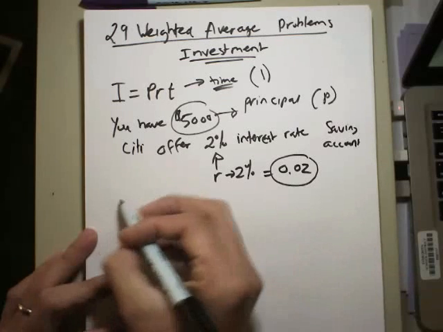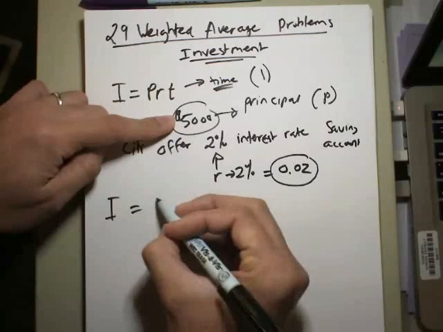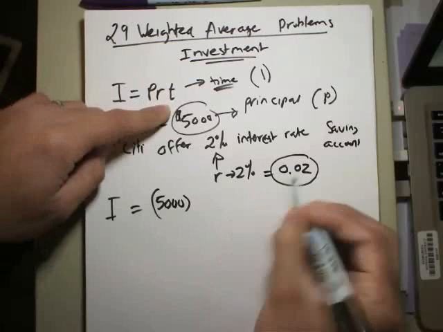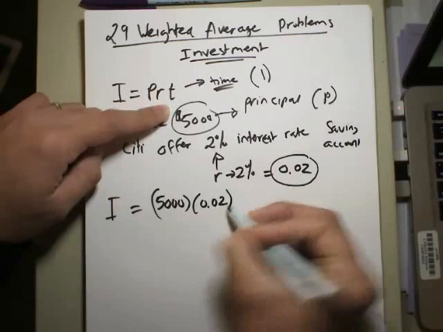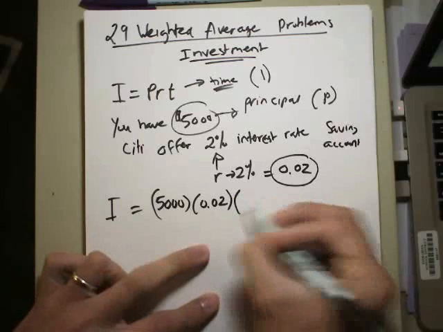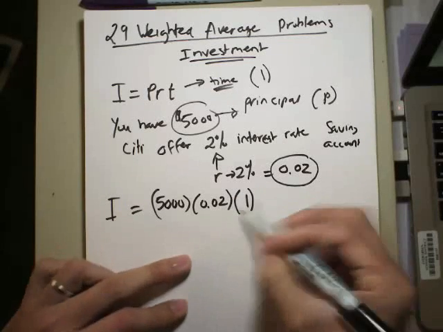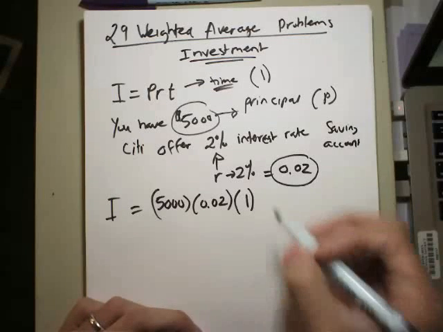So the way we solve for the interest, I stands for interest, is to take the principal balance, which is your initial amount, $5,000, times the rate, which is 2%, or when you put this into the equation, 0.02. The time, like I said, is constantly 1 because we're doing it annually. It can change depending on how you want to do it, but for now, it's all about being annual.